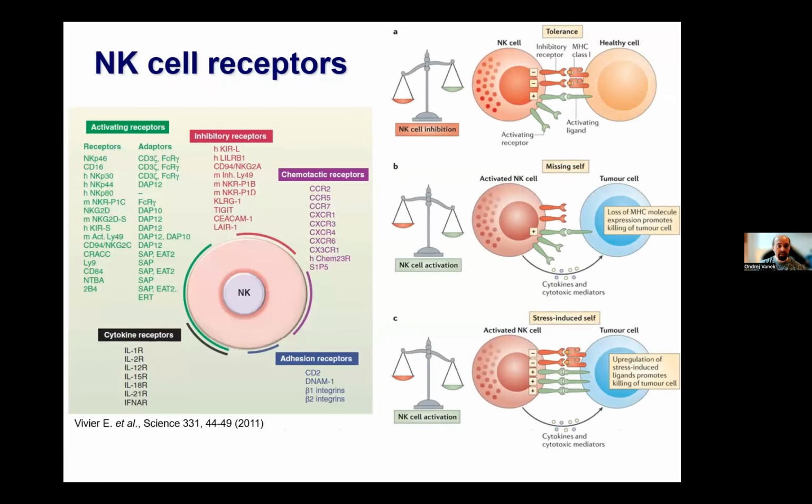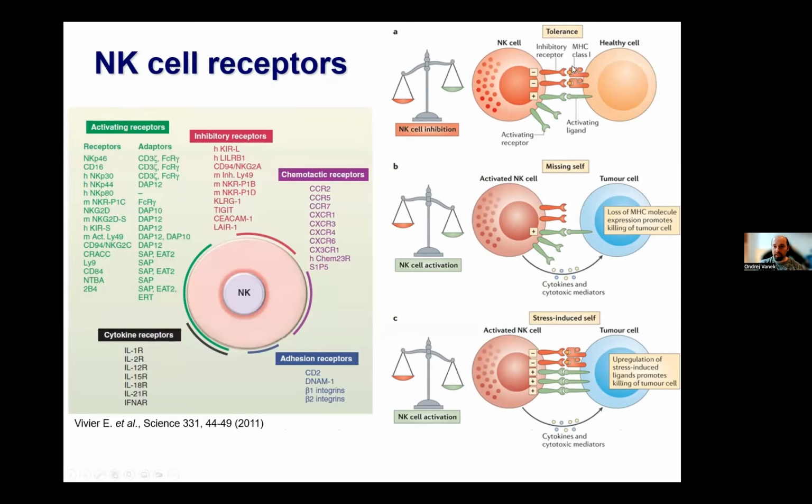Concerning the receptors on their surface, there are many. I will not describe all of them, just to mention that there are activating and inhibitory and various other chemotactic, adhesion, cytokine. And basically what all these receptors do together is that they are trying to assess whether the other cells in our body are healthy or, for example, tumor or virally infected or stressed, damaged cells.